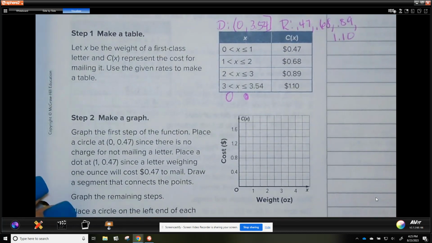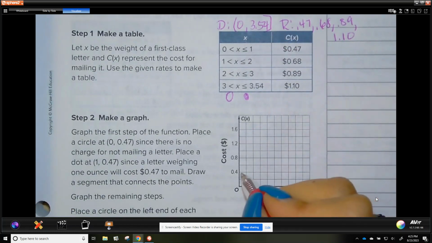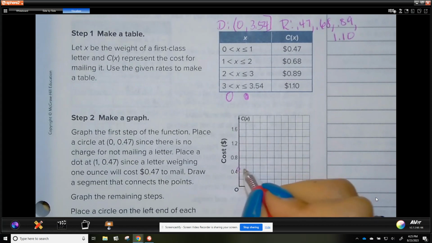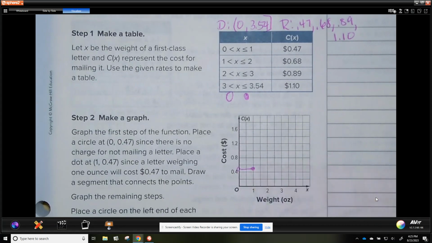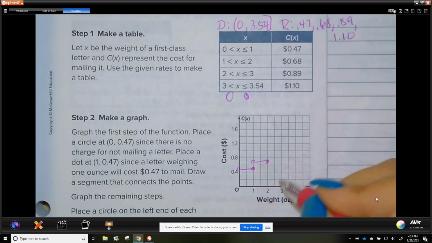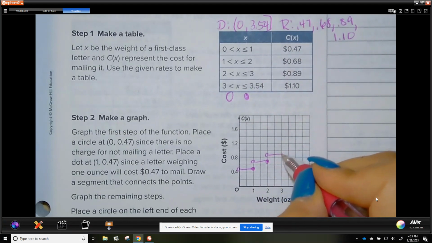Now let's graph it. From 0 to 1, it's at 47 cents. So this is 0.6, so 47 may be right here. 1 to 2, it's 68, so that's above 60. 2 to 3 is 89. This is 80, so this is 89 for me.